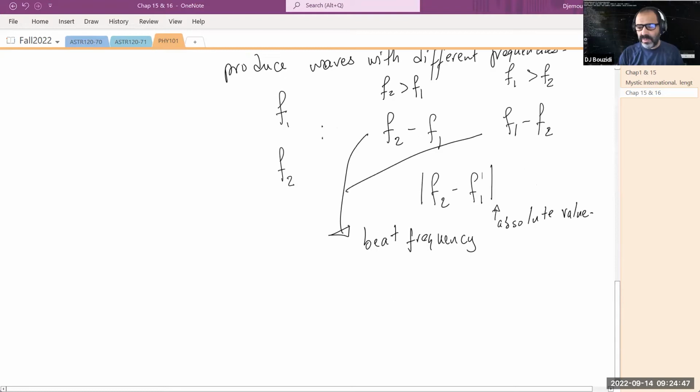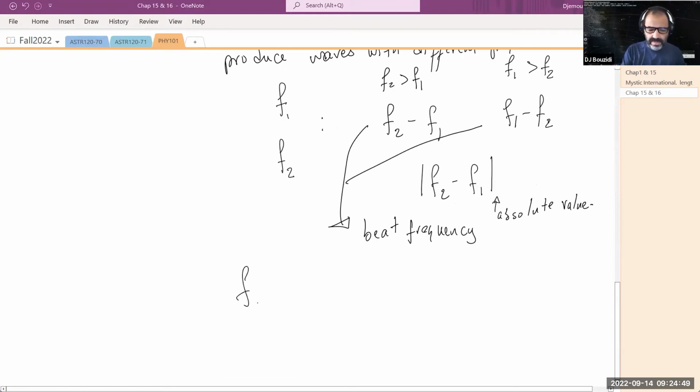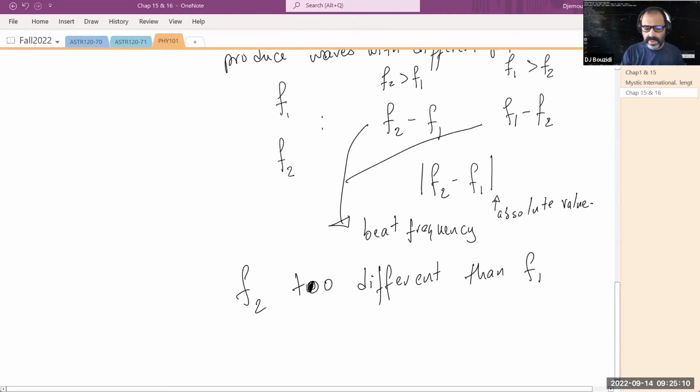If they are far away from each other, if F2 is far from F1, widely spaced, then you will have two different frequencies.